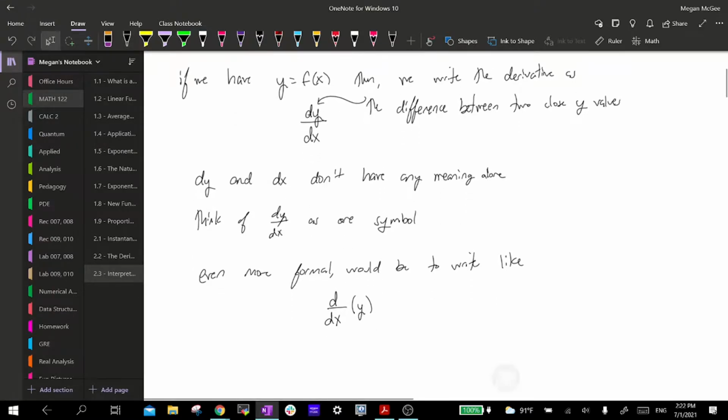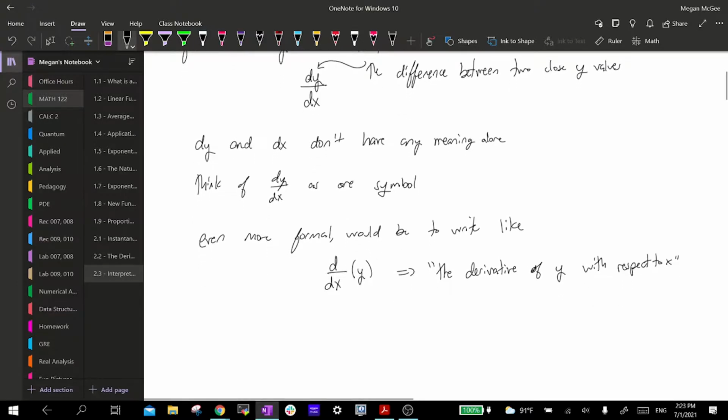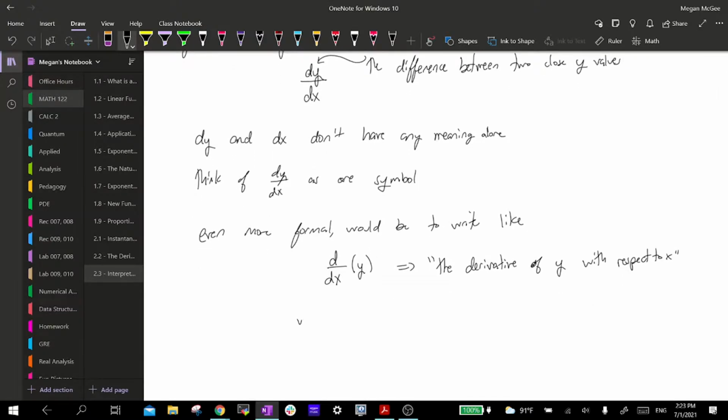So this is read as the derivative of y with respect to x. Again, where d over dx is a package deal, is one symbol.